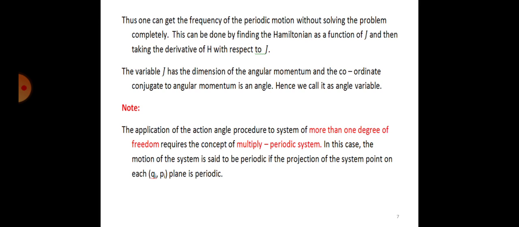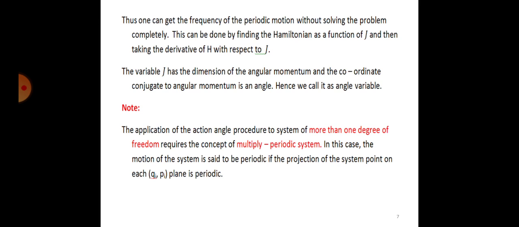It can be obtained by finding the Hamiltonian as a function of J and then taking the derivative of H with respect to J. So, first we obtain the Hamiltonian as a function of J and then we differentiate with respect to J, we will get the frequency of the periodic motion.